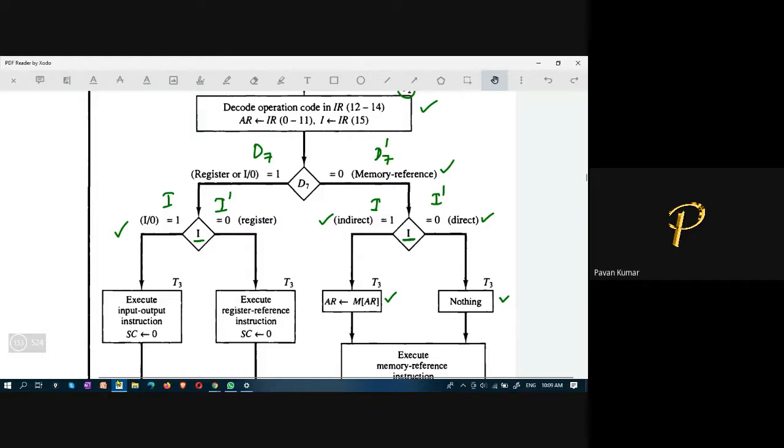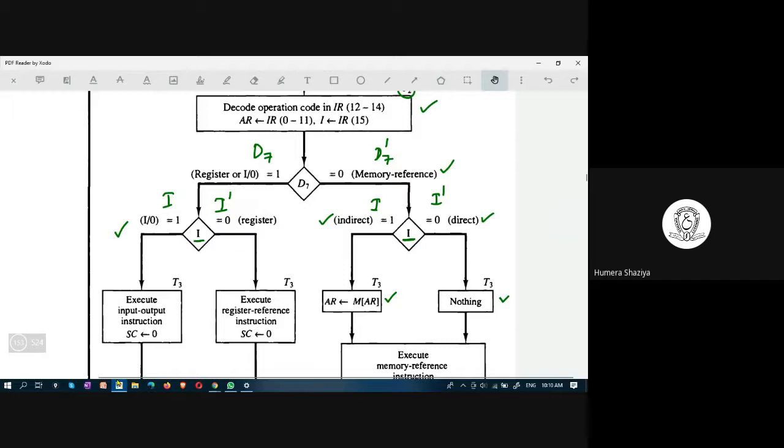Then we have to determine whether it is IO or register from bits 12 to 14.